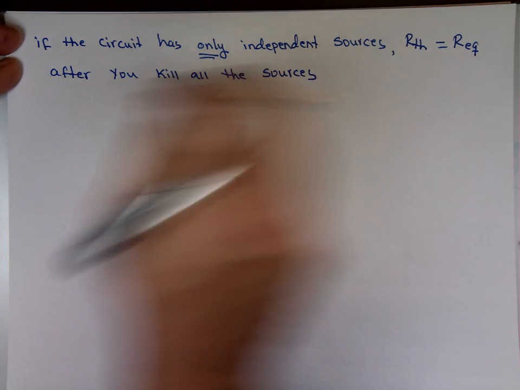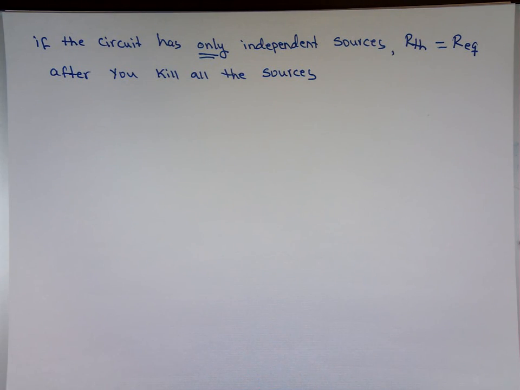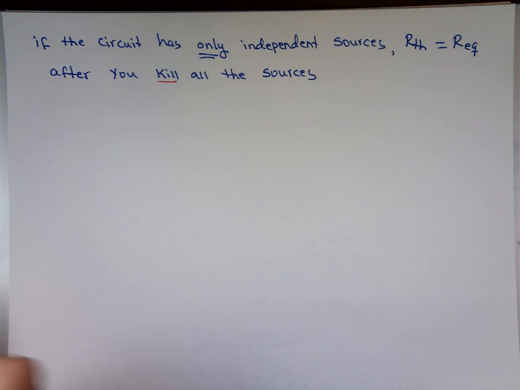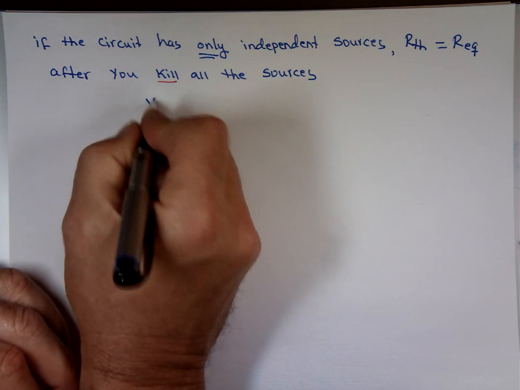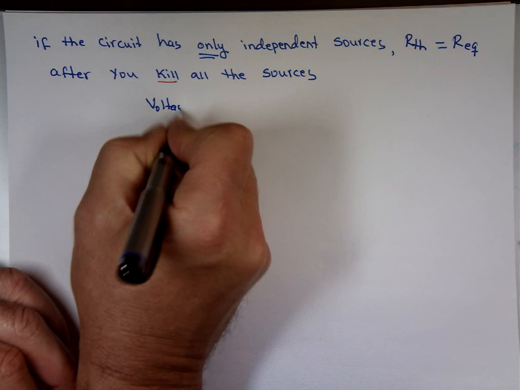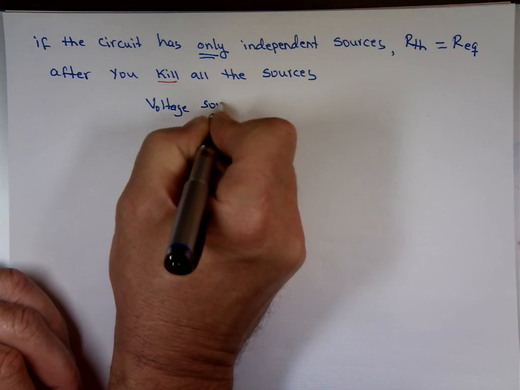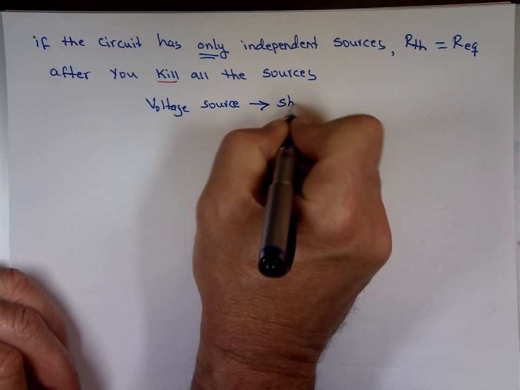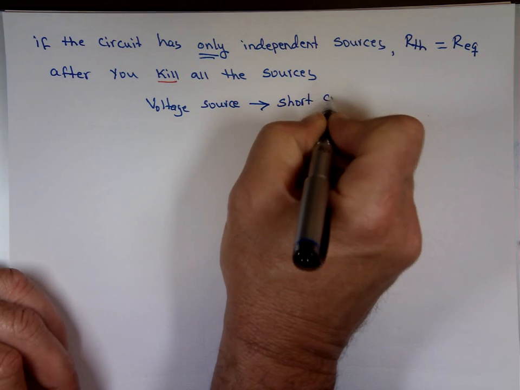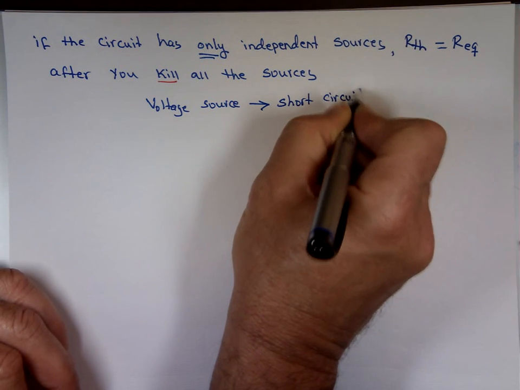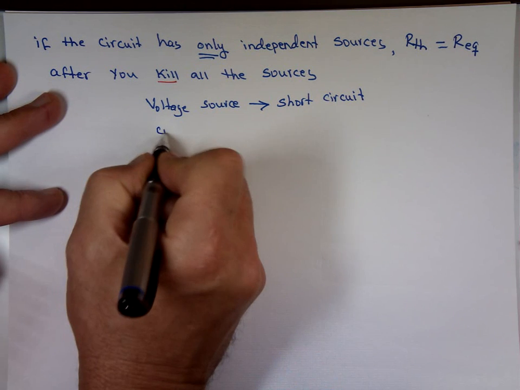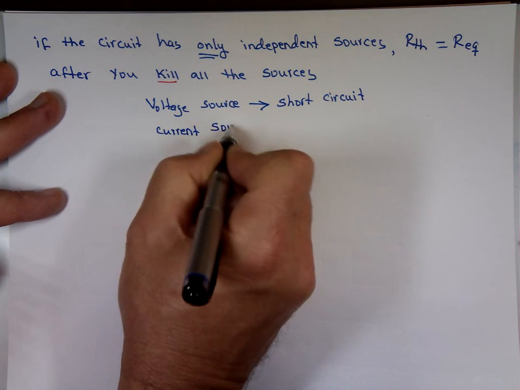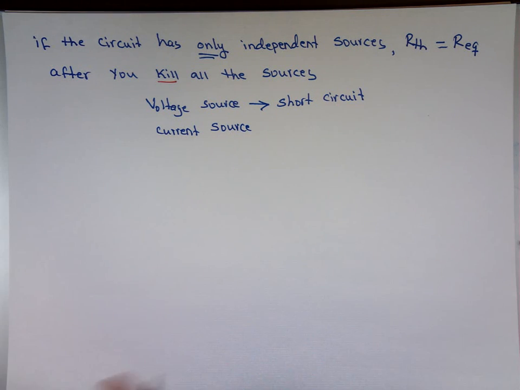The word kill maybe not a nice word to use, but how do you kill a source? A voltage source becomes what? When you kill it, because it has a value of 0, it becomes a short circuit. A current source, because you want to have a value of 0, if you make it a short circuit, there's current going through it, so it's not a 0.